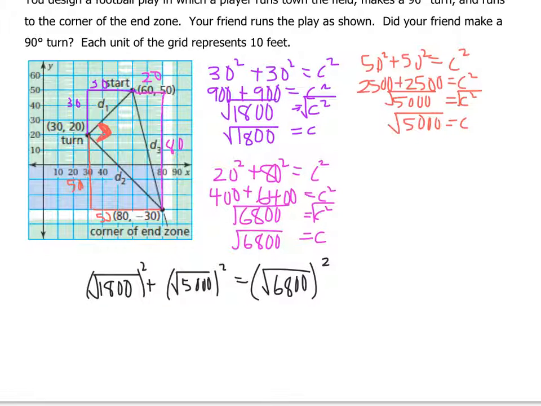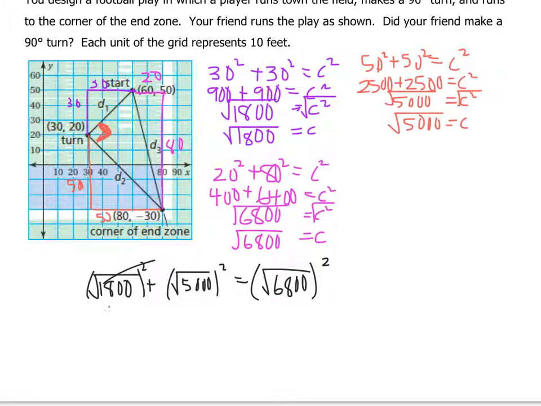Now you might say, how do you know 6,800 is the hypotenuse? And the answer is, well, it was the measurement for D3, so that would be our guess for the hypotenuse. The other thing is that it's the biggest number. Now I asked you to leave it as radicals because a magical thing happens. Remember all the way back when we learned about order of operations and how squares and square roots undo each other? This square root is actually the opposite of this squaring. So they actually cancel each other out.